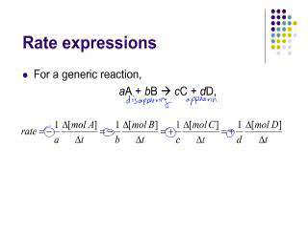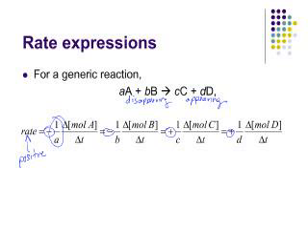We want to get the same rate overall for the reaction regardless of what we measure, and so the sign convention gives us rates that are always positive. All right? The reaction rate that you measure is always positive. All right, and then what you do is you do 1 over the coefficient times the change in property over the change in time, and that's generally true.